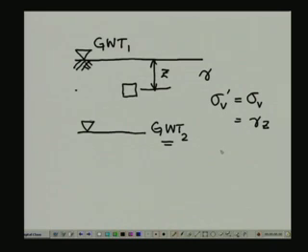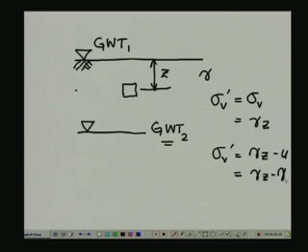In this case sigma v prime becomes equal to gamma Z minus U, and U in that case is going to be unit weight of water times Z, because the water column that is exerting pressure is also going to be equal to Z in this case.